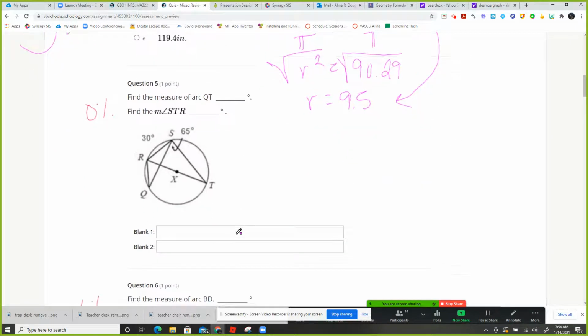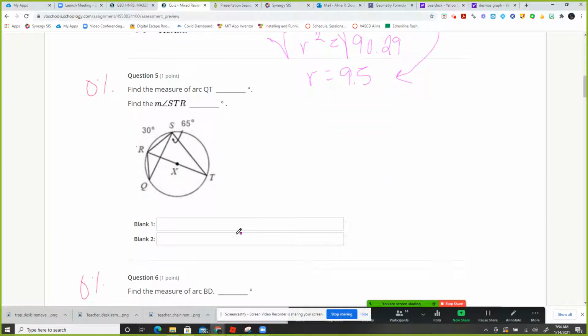Okay, I need you guys to talk to me. Find the measure of arc QT. So arc QT is here. Think of this as the flashlight problems. So the flashlight is at S and it's shining this direction. The S is small and QT is big.